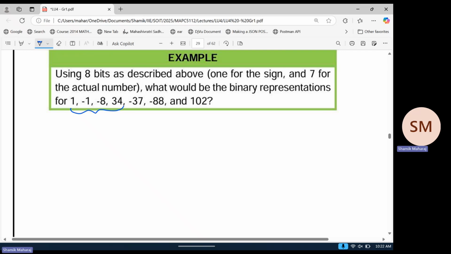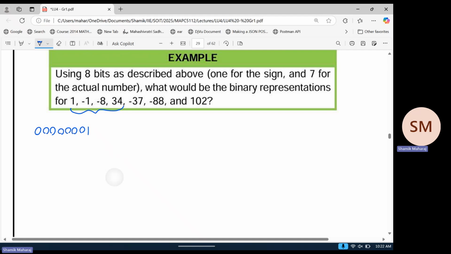1 in binary, using 8 bits, is going to be 0, 0, 0, 0, 0, 0, 0, 1. That's 1 in binary, right? We just add the appropriate number of zeros to make it 8 bits, and there's a 1 at the end. Okay, and using the same logic, for the second one, I'll rewrite the first thing exactly as it is.